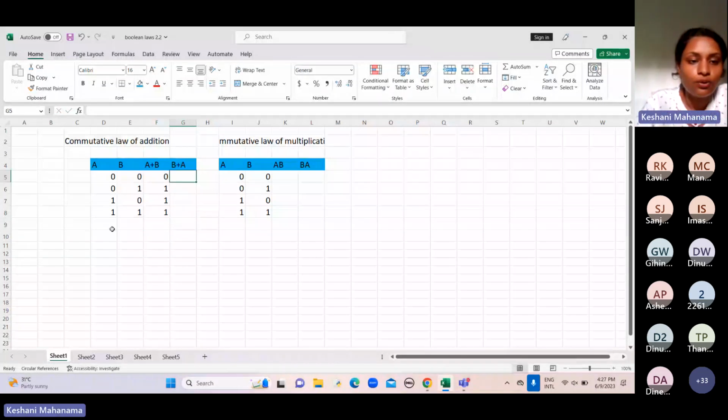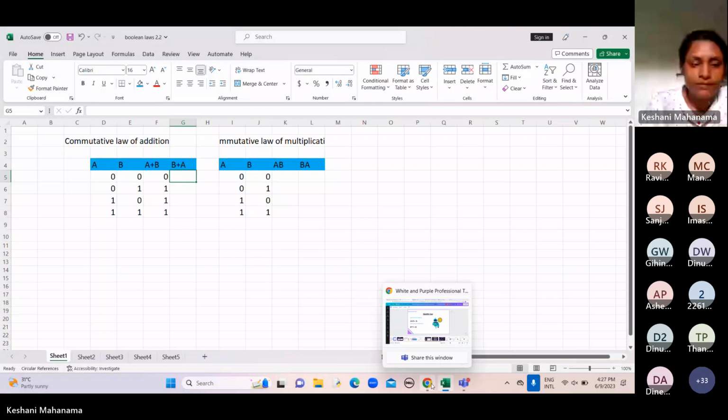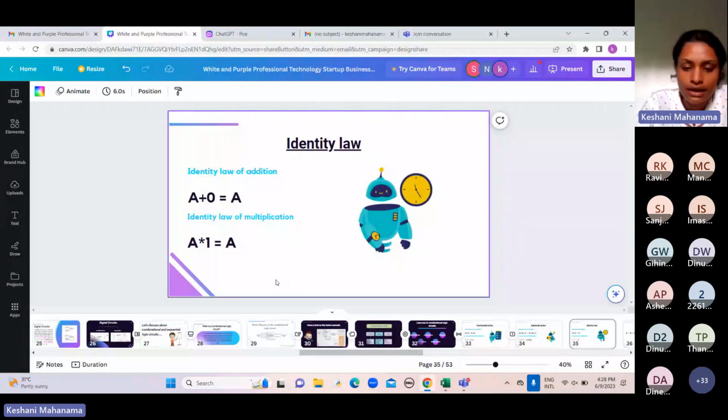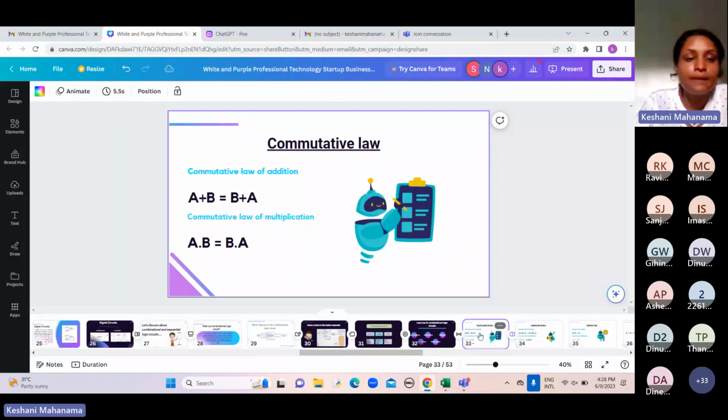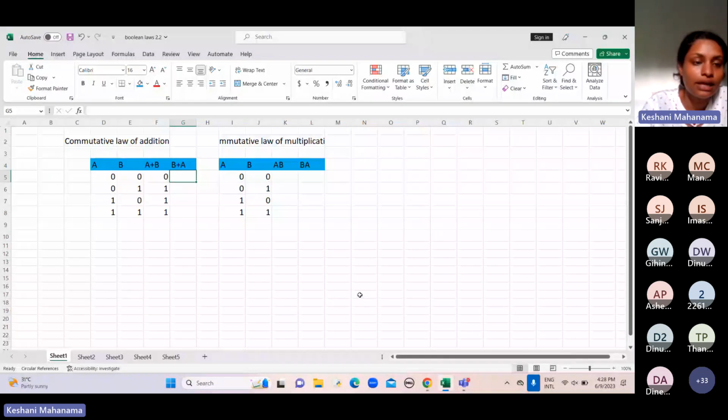Also, the commutative law of addition means A plus B equals B plus A. That's why I have taken A plus B and B plus A as separate cells. For B plus A, we first look at the B values and then the A values.